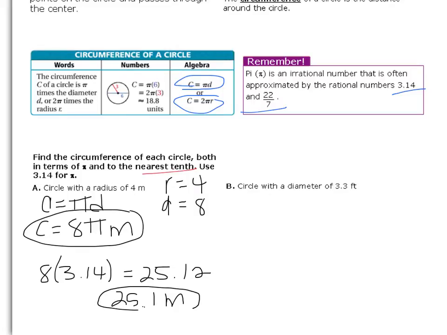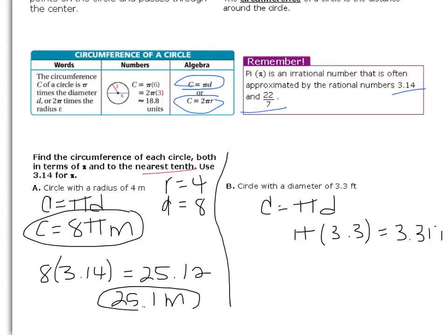Okay, so now it wants us to find the circumference of a circle with a diameter of 3.3. Okay, so again, the formula is pi times diameter. So you're going to do pi times 3.3, and you're going to get 3.3 pi, and that's going to be feet. So that's your first answer.